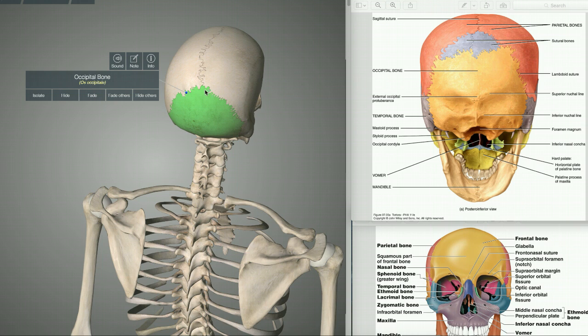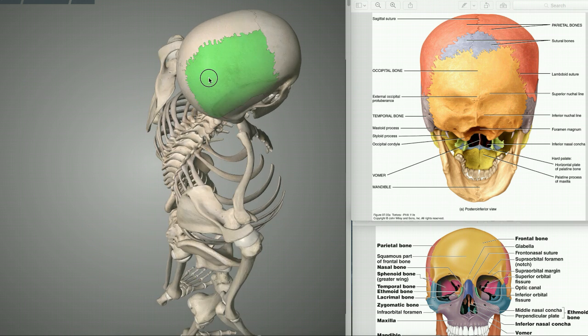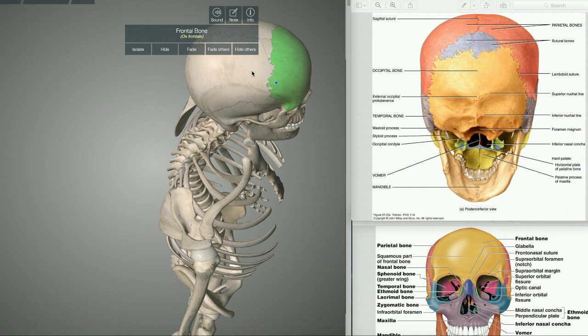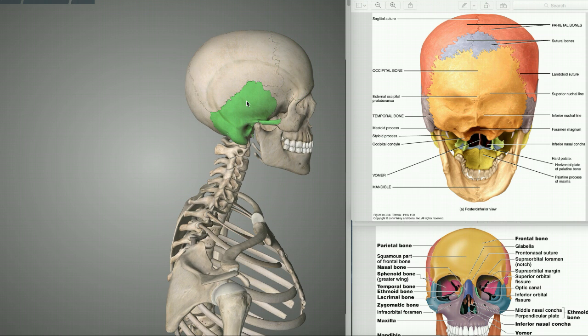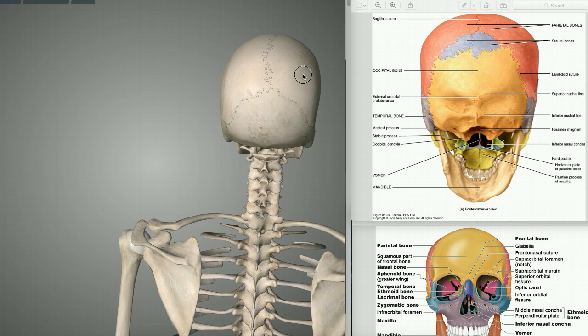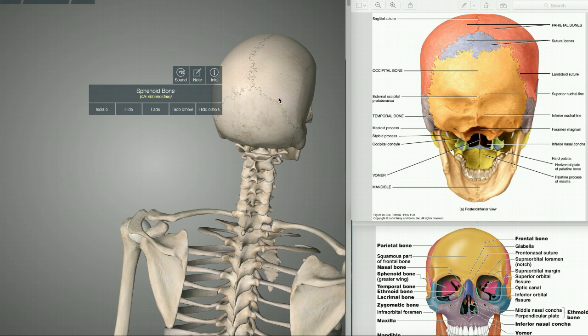So the main three cranial bones, you have the occipital here, the parietal here, then in the front you have the frontal bone, and on the side you have the temporal bone, and here is formed from the wings of the sphenoid bone. So this is what forms your cranial, the outer part of your skull.